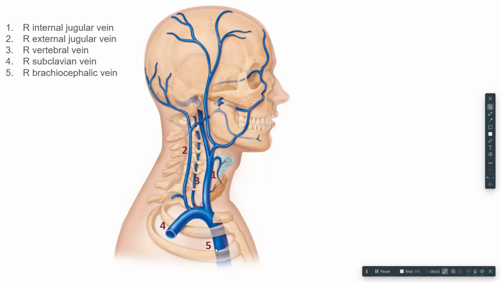And what I'm seeing here nicely are these 3 veins helping me drain my head. There's this big internal jugular vein, the smaller external jugular vein, as well as, running through the vertebral transverse foramina there in the cervical region, I got a vertebral vein.